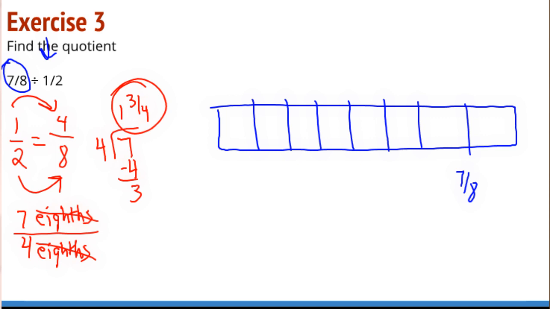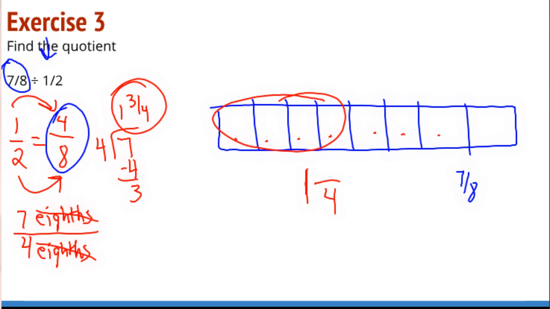And I know that I am making groups of 4/8. So I've got 1, 2, 3, 4. There's a group of 4. And I've got 1, 2, 3 left. So I made one whole group of 4, and I've got 3 pieces left, 1 3/4.